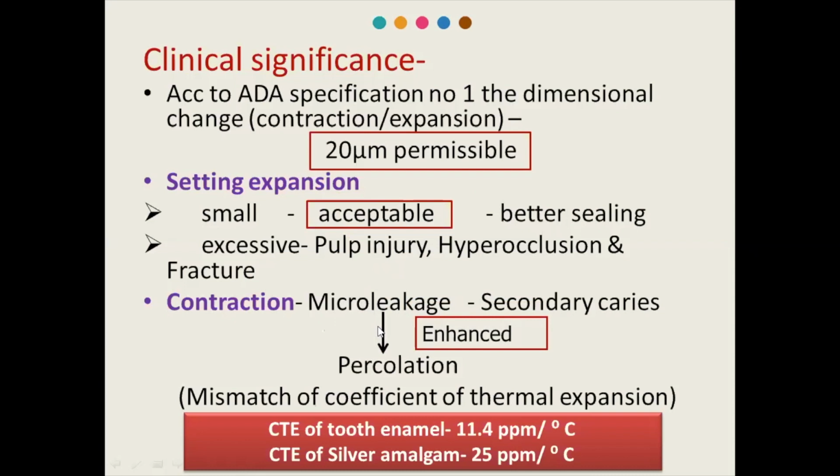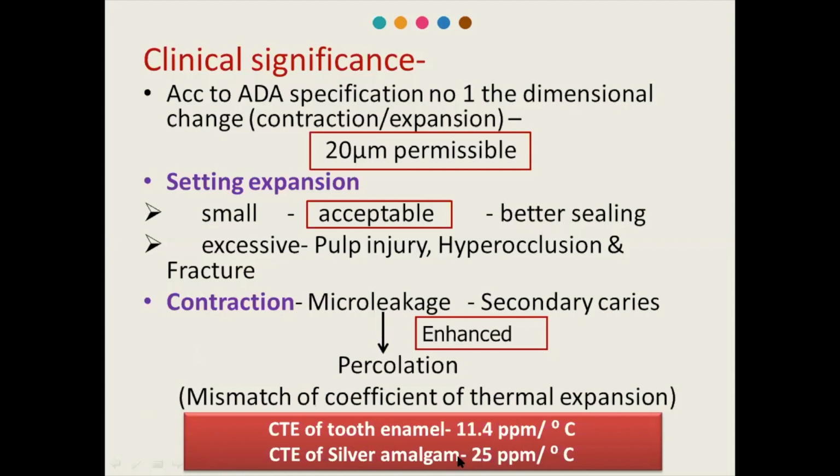This percolation is a microleakage only, and it also occurs because of the mismatch of the coefficient of thermal expansion between the tooth enamel and the restoration. The coefficient of thermal expansion of tooth enamel is 11.4 ppm per degree Celsius, while that of silver amalgam is about 25 ppm per degree Celsius.